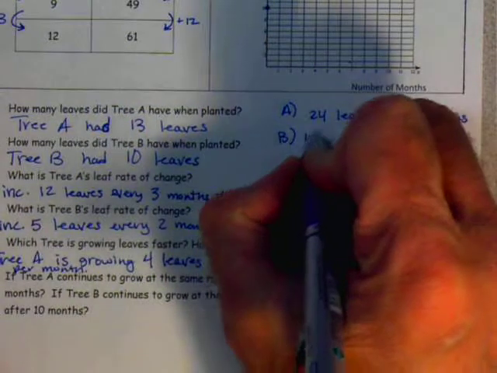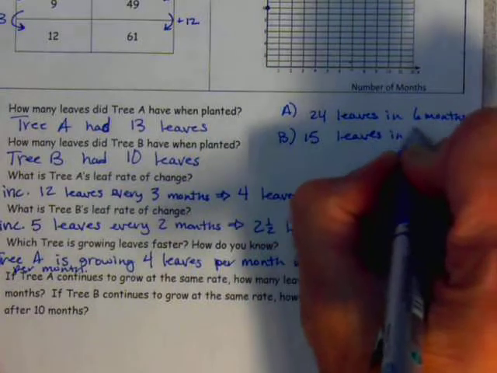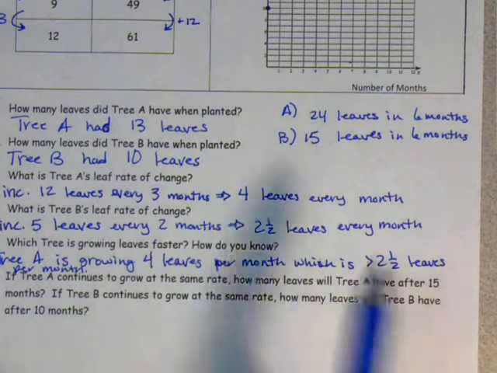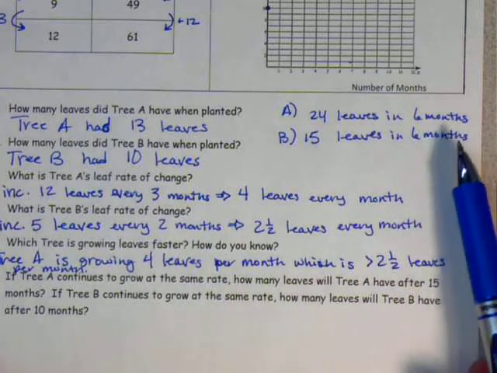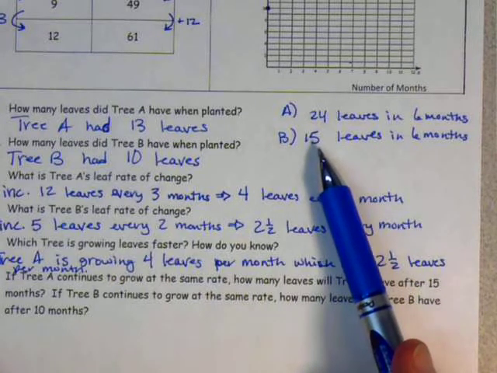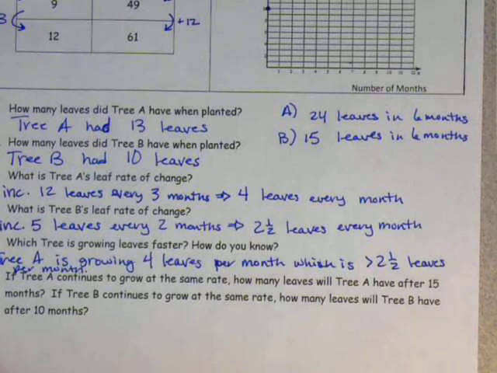So that would be 15 leaves in 6 months. So here's another way to look at it. After the same amount of time, this has grown 24, this has grown 15. So, 2 ways to look at which tree is growing faster.